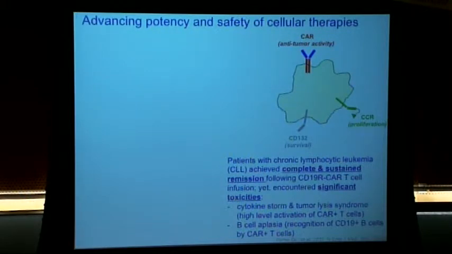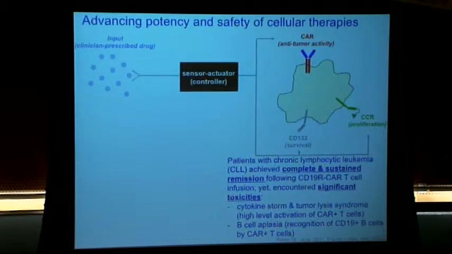In particular, they observed cytokine storm and tumor lysis syndrome, essentially because you have high-level activation of these CAR plus T cells. You also see B-cell aplasia, where these T cells are recognizing CD19 plus B cells within the patient. One of the reasons this comes about is that the way these systems are currently designed, you don't wrap control around the therapeutic activities that you've engineered into the T cell.